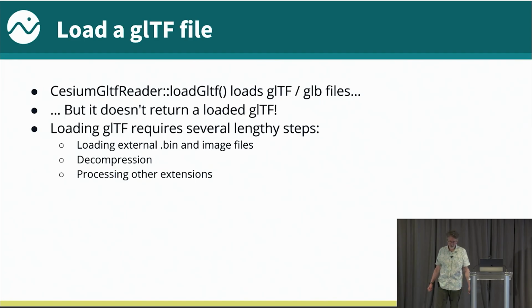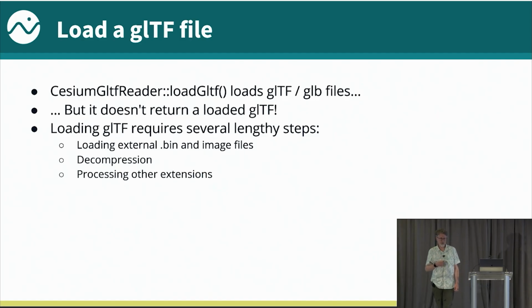And so there is a handy function to load a glTF in the glTF reader library inside Cesium Native. But it doesn't actually return a loaded glTF. This is an unfortunate complication, but you just have to deal with it. It comes from the fact that loading glTF is complicated. It could require loading other stuff from the network once it's loaded the glTF.